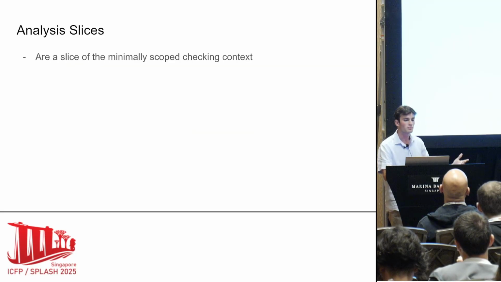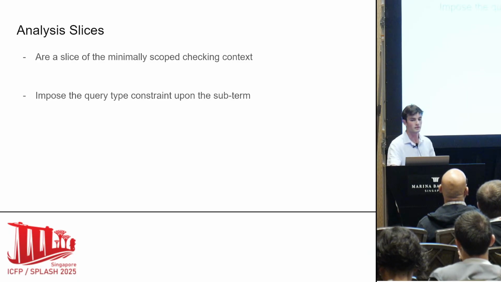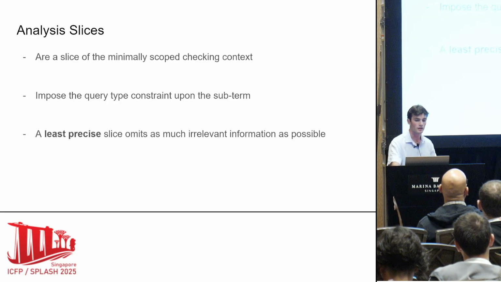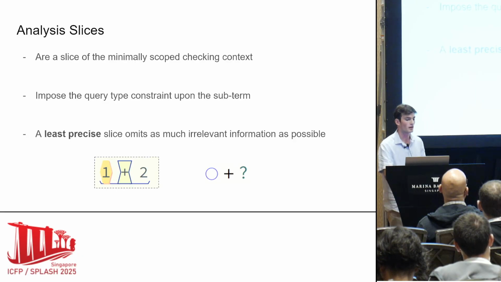And again, they're the same as synthesis slices: we just take a slice of that context. It must impose the same type constraints as what we're querying, and the least precise one is the one we care about.